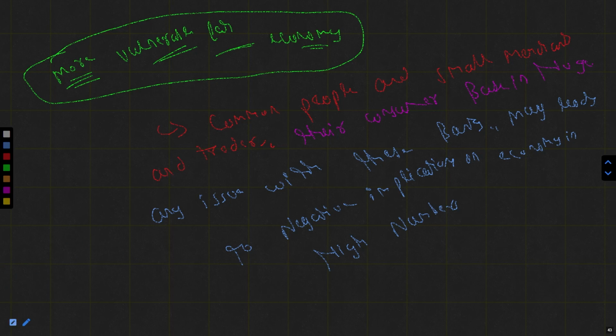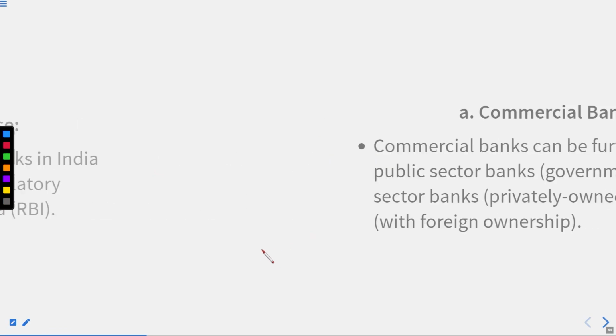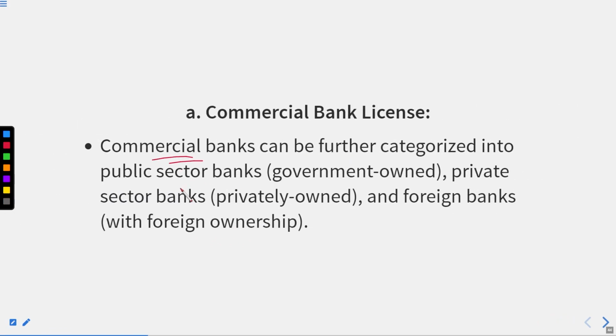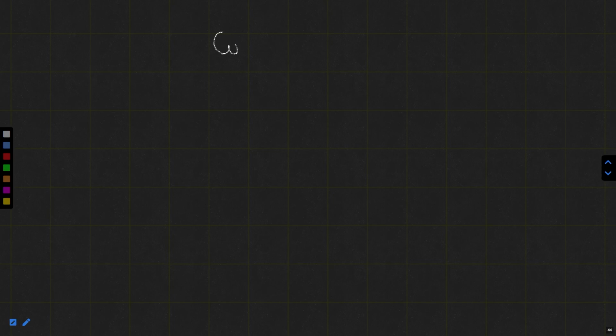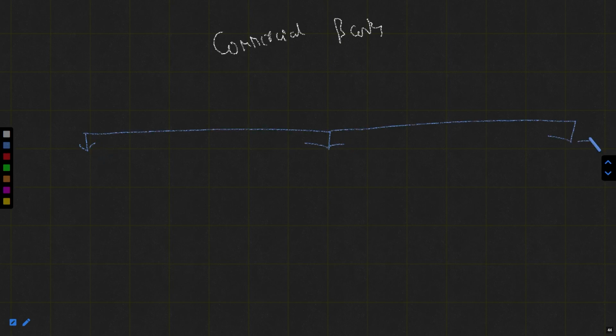All right. Thereafter, the commercial banks can be further categorized into the public sector banks, which are government owned, private sector banks, which are privately owned, and foreign banks with foreign ownership. So basically, the commercial banks are divided into three formats. The first format is the public banks.